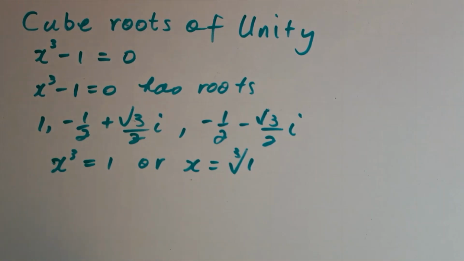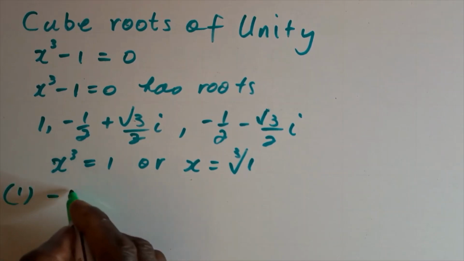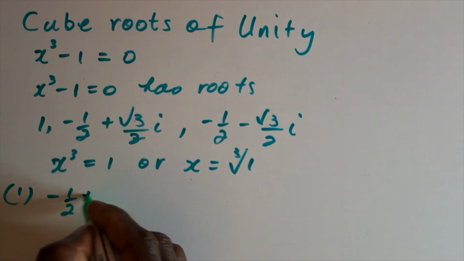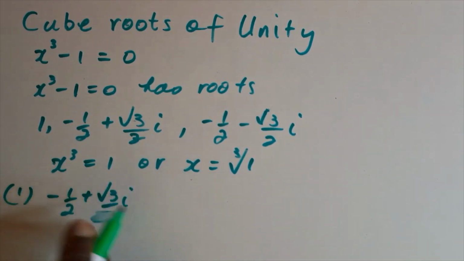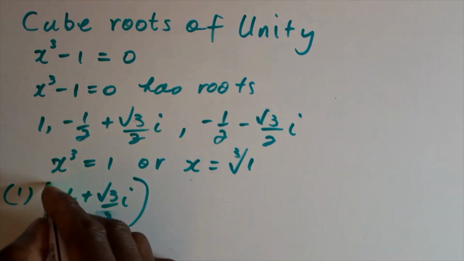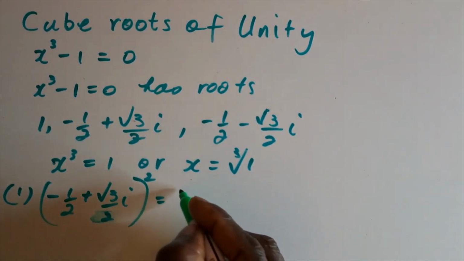Now there are two properties. One is that if we square one of these roots, we'll get the other root.